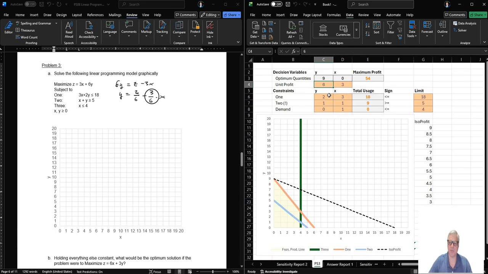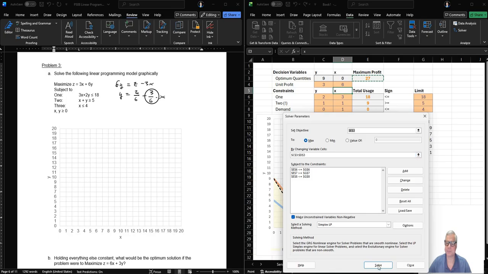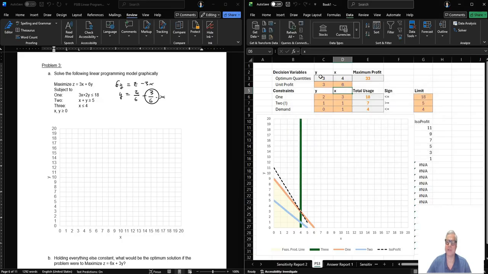So the price of Y is 3 and the price of X is 6. And now you can already see how that rotates the isoprofit line, and if you shift it to the right, the optimum solution is probably now 4X and 3Y. So let's check this one. Everything should be the same. Okay, and we see indeed 4X and 3Y.